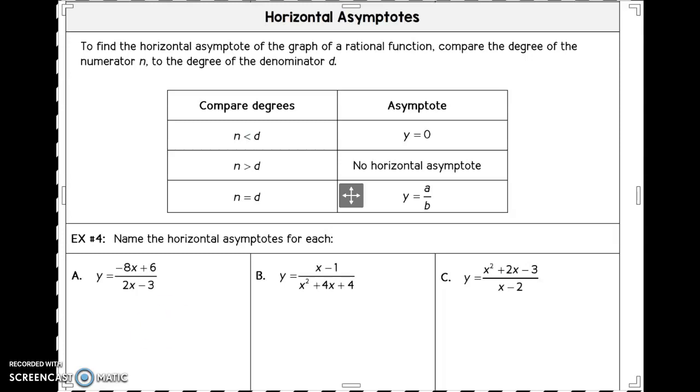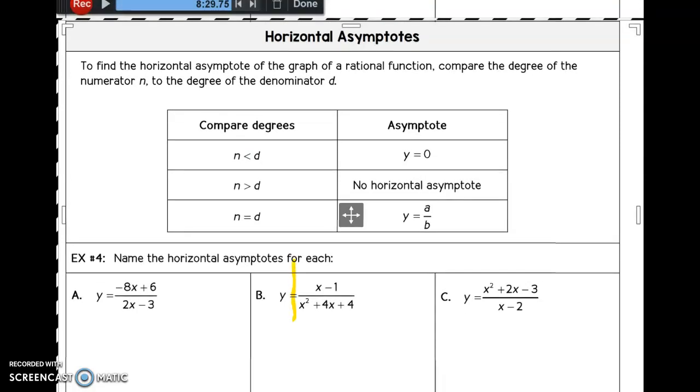Okay, we're going to do example B here. We've already established that our horizontal asymptote is y equals 0. Well, how I knew that was by looking at this table. It's our friend. So this is my horizontal asymptote, HA.